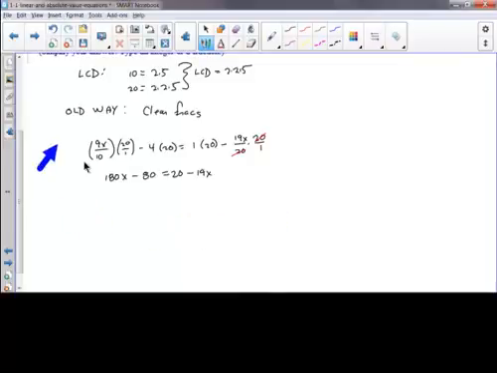So let's combine everything, get all the variables on the left. I'll add 19x to both sides, and I'll add that 80 to get it onto the right. So that's 180 and 19 is 199.